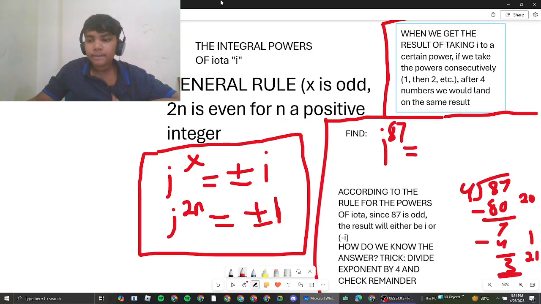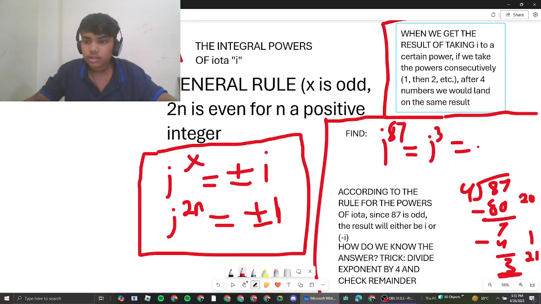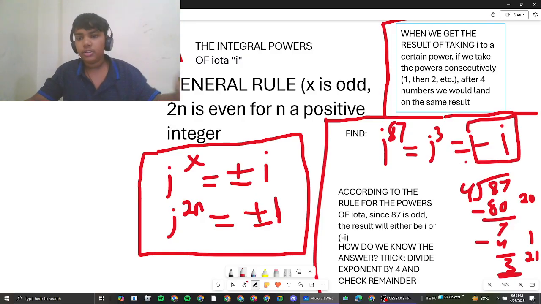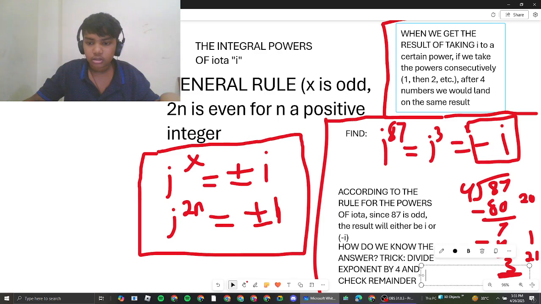So what does this mean? This means that we have to find I cubed, which is negative I. So I cubed equals negative I. Amazing, right? So just use this trick. The video is almost done. Basically the trick is the remainder.